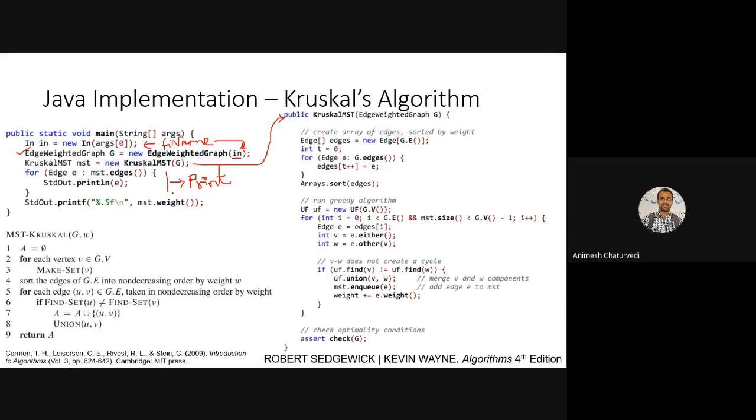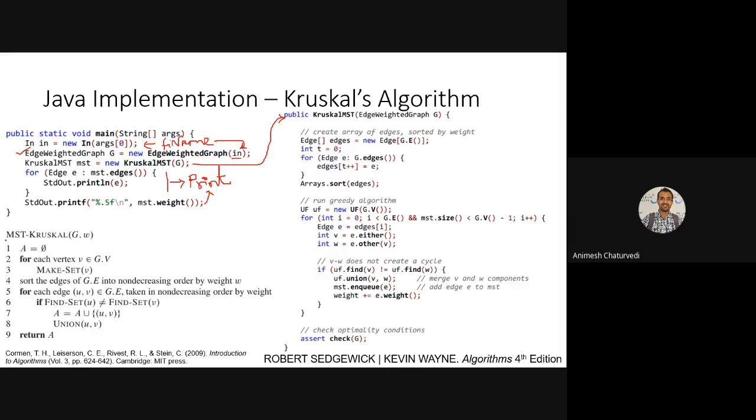It will print the edges along with their weights, because an edge will return three things: node 1, node 2, meaning source node and target node, along with the weight. Then this is also a print statement, printing the total weight of the whole MST. So this is the algorithm we are interested in studying.